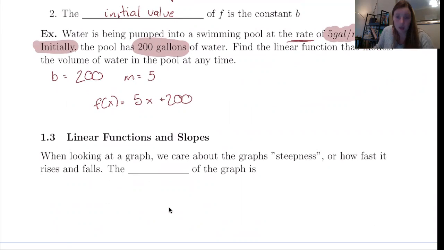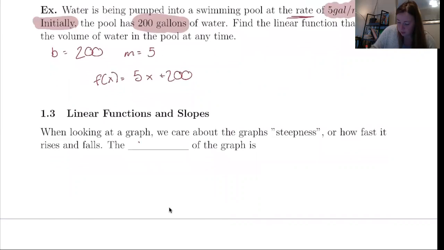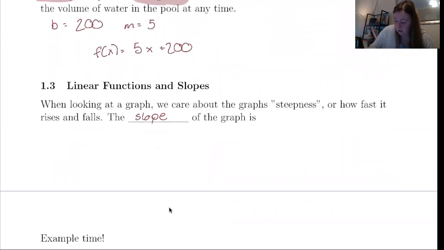That one was fun. Okay, cool. So when looking at a graph, we care about the graph steepness. We talked about this when we talked about the farmer problem. The largest rate of decline was the steepest negative slope, or how fast it rises and falls. So the slope of a graph is rise over run.